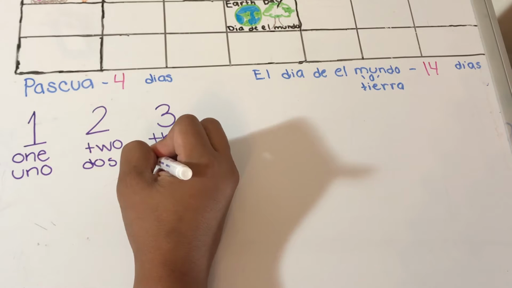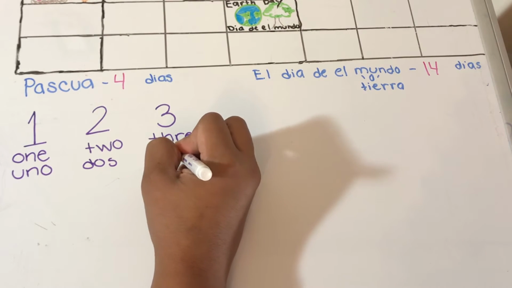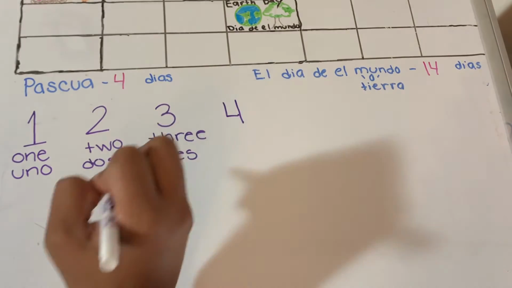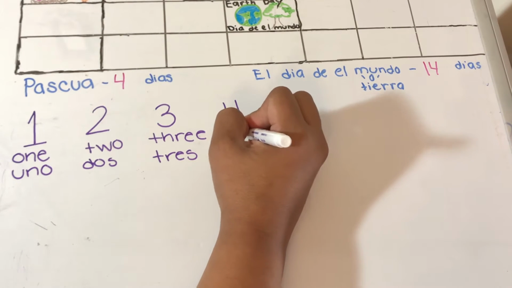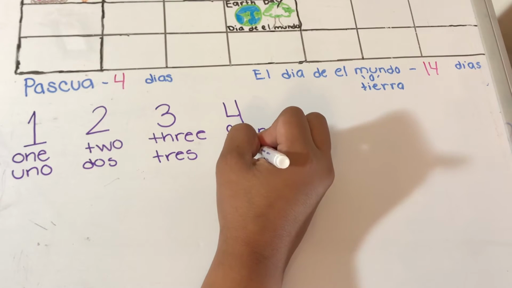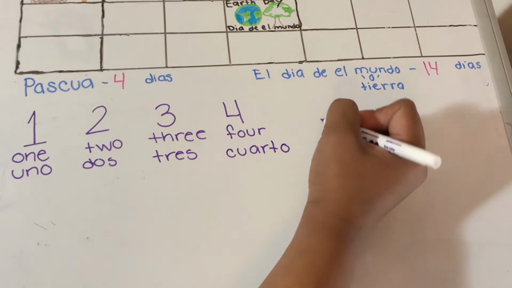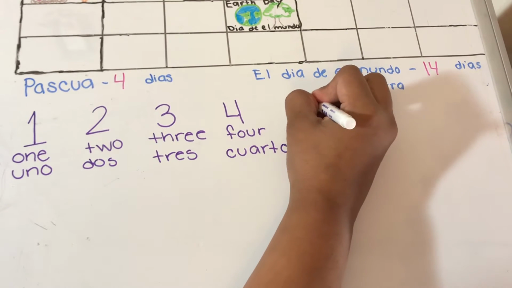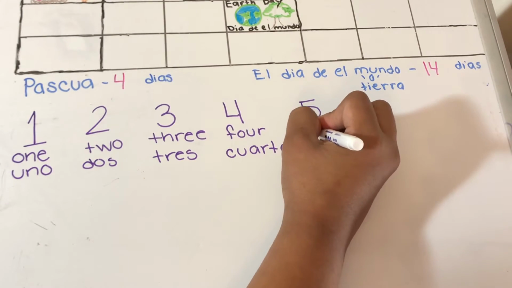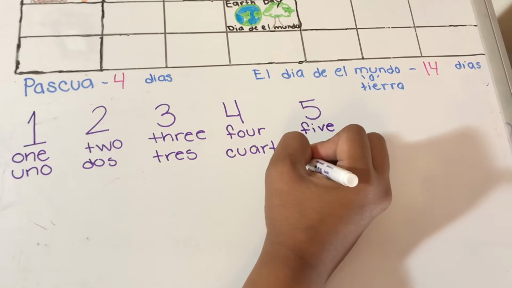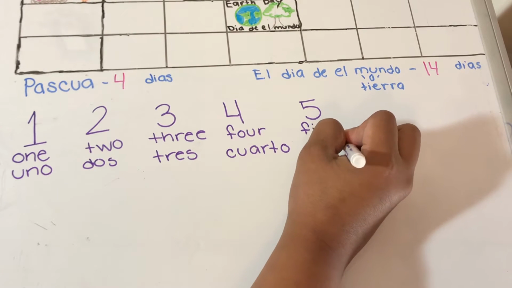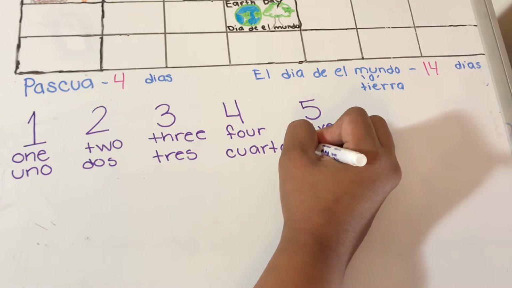Tres. Then I have number 4. Now 4 in Spanish, you say cuatro. How do you say 5 in Spanish? Cinco. Muy bien. Okay?